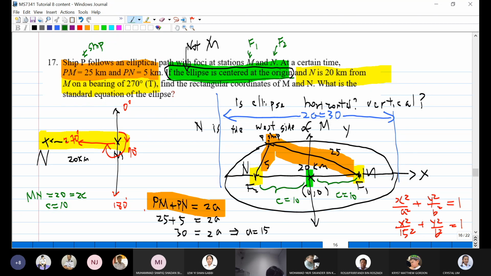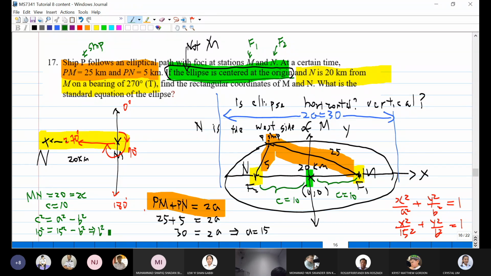What is the connection between C, A, and B? Always big one minus small one. C squared is equal to A squared minus B squared. A is 15, B we don't know, C is 10. So you can find out now.